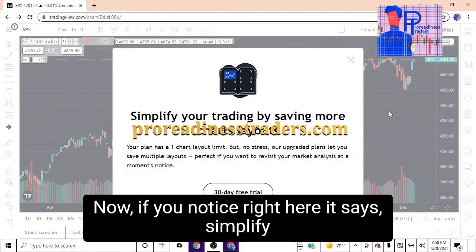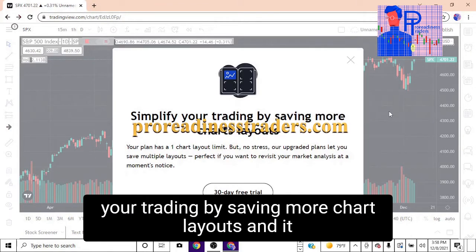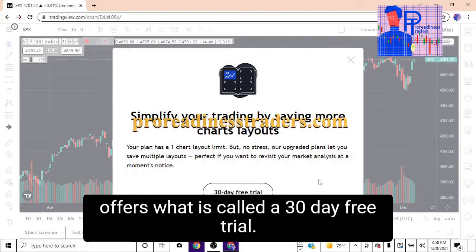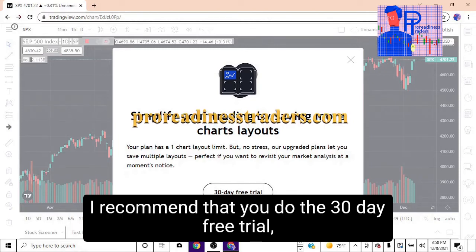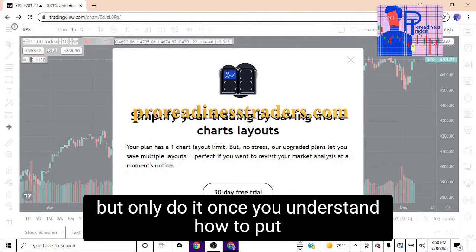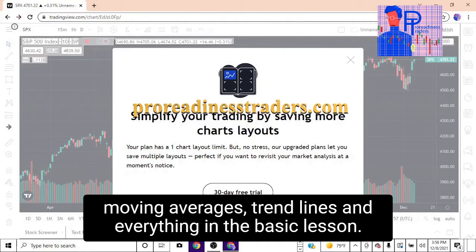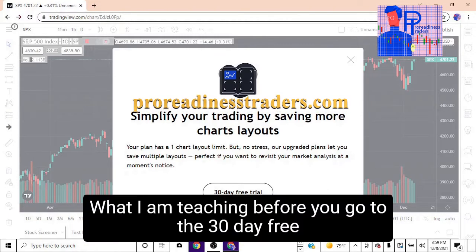Now, if you notice right here, it says simplify your trading by saving more chart layouts, and it offers what is called a 30-day free trial. I recommend that you do the 30-day free trial, but only do it once you understand how to put moving averages, trend lines, and everything in the basic lesson with what I am teaching.